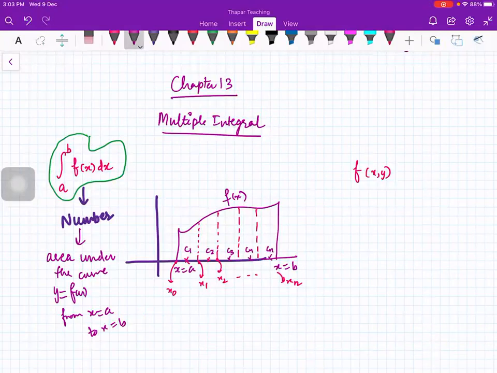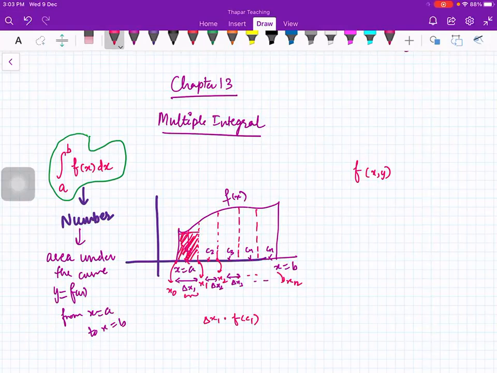So what is the idea? This length is delta x1, this length is delta x2, this length is delta x3, and so on. You multiply delta x1 with the value of the function at C1. So you are computing the area of this rectangle, length into breadth.